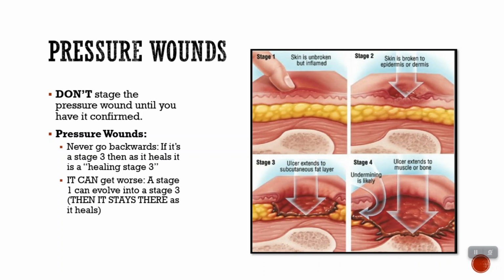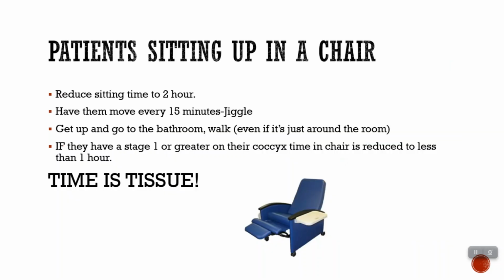Stage 2, skin is broken to epidermis or dermis, or there is a blister. Stage 3, ulcer extends to subcutaneous fat layer. Stage 4, undermining is possible in a stage 4. Ulcer extends to muscle or bone. There is also an unstageable, which looks like a bruise. If you have any questions, please consult a colleague before staging.